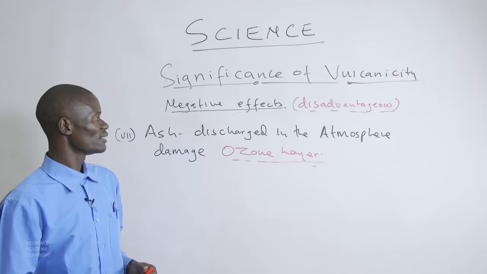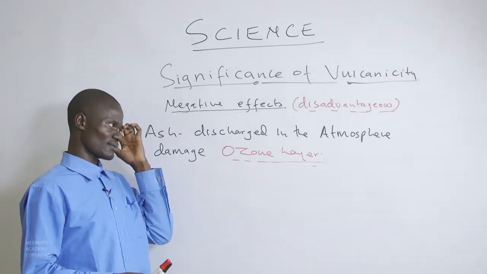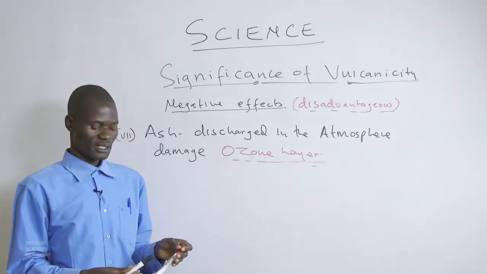Once chlorine is found in the atmosphere, it becomes very corrosive to this ozone layer.